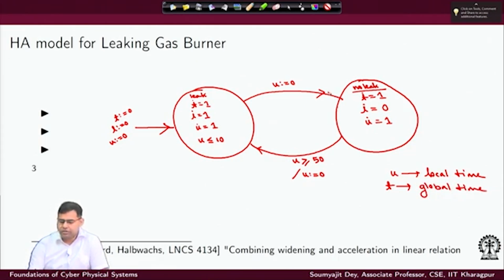Because whenever I change state, I go to no leak or I go to leak state, U is reset to 0. So, that means U is used to figure out the amount of time I am spending in each of these states. That is why when I enter the state, U is always reset to 0. So, U is the local time.